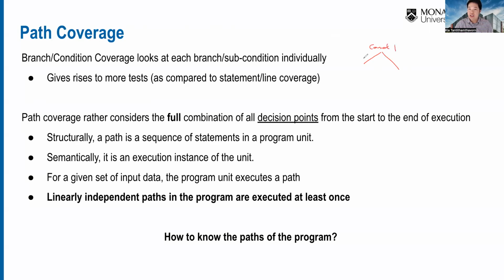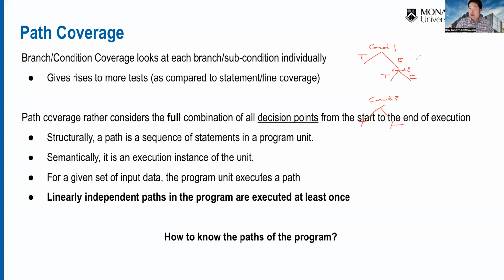Let's say this is condition 1, true and false, and probably this is another branch, another condition, and then it will be true and false like this. So this is like a nested if else. But let's say you have another if condition. So it's going to be condition 3 like this, and true and false.